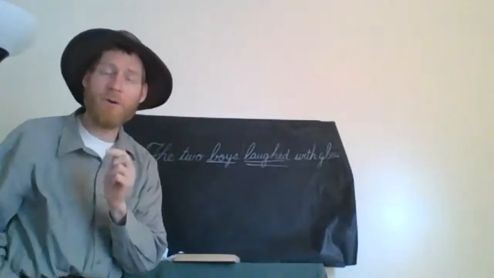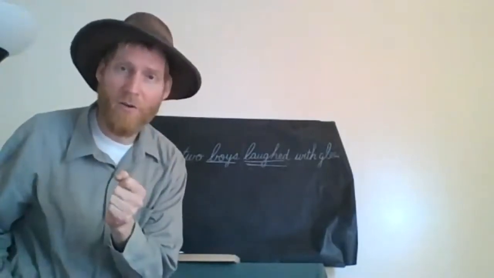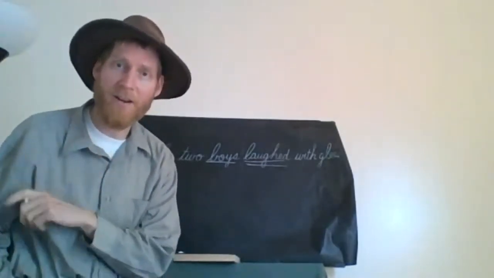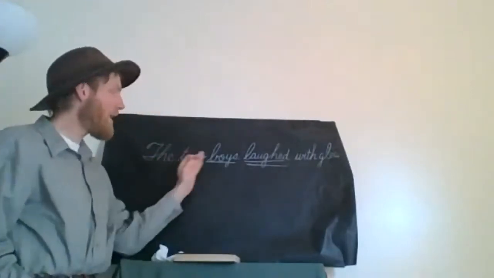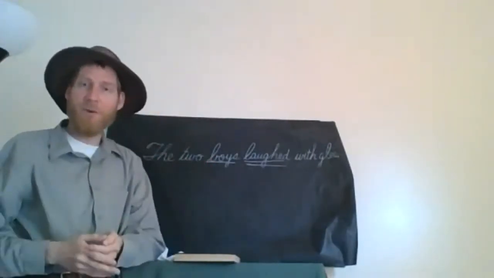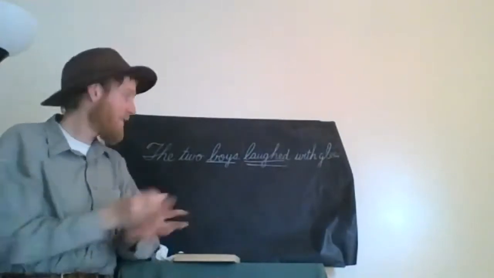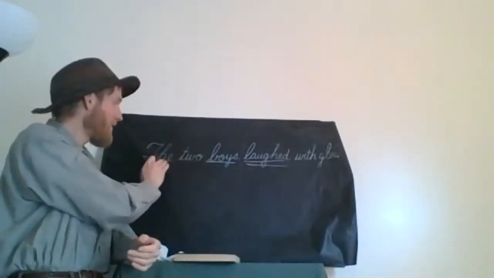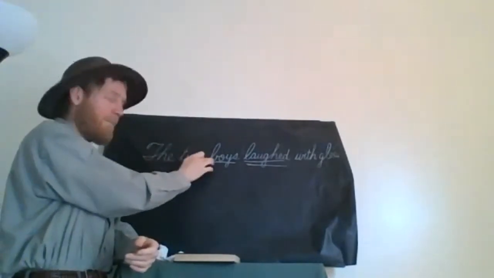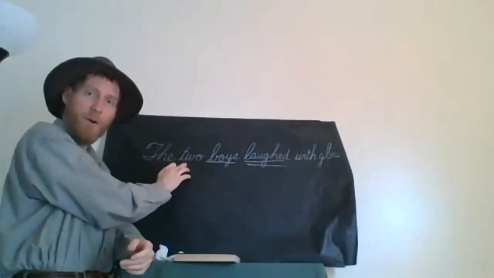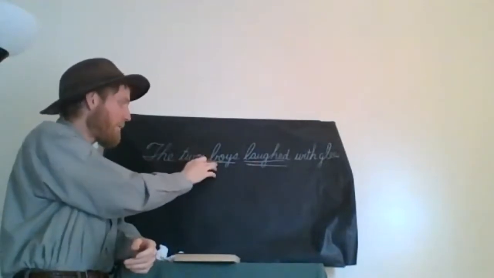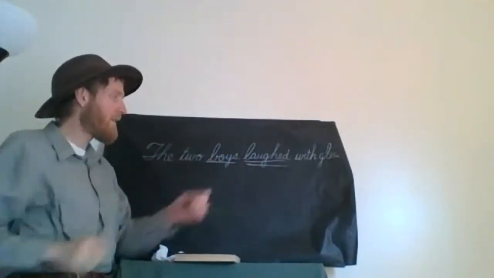You're going to hear that word modifier. What in the world is a modifier? It is a word that describes another word or adds to another word in the sentence. In this case, boys. The modifiers are the and two. The boys, two boys, laughed.